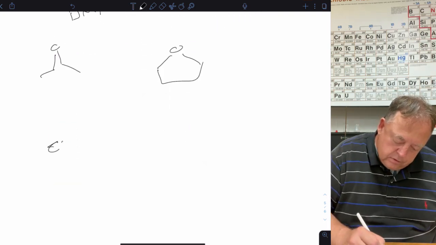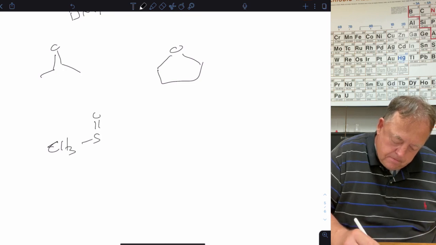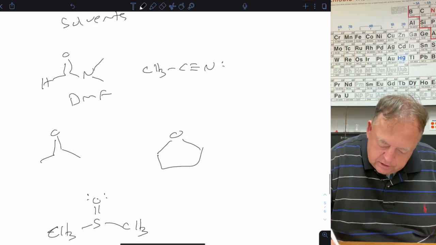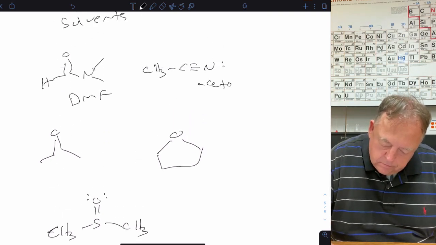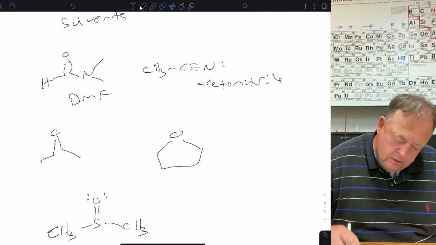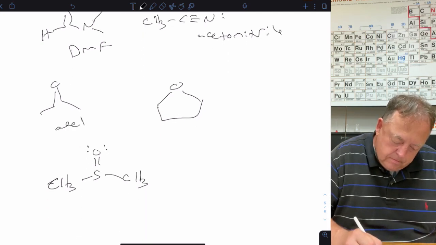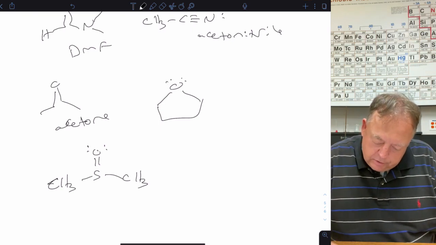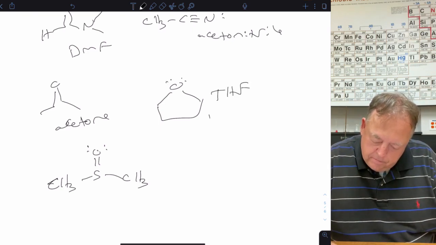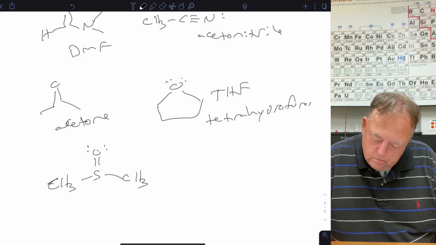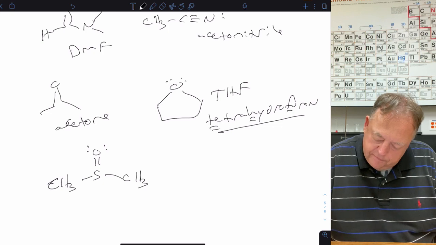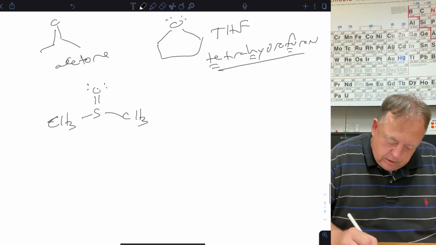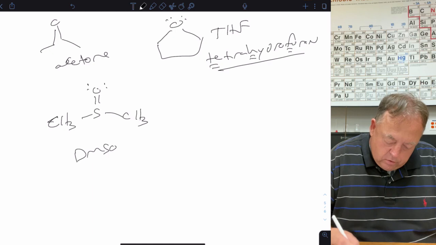Here's another good one. So this is acetonitrile. Acetone, right? It's fingernail polish remover. This molecule is known as THF. So THF, and this molecule is known as DMSO.